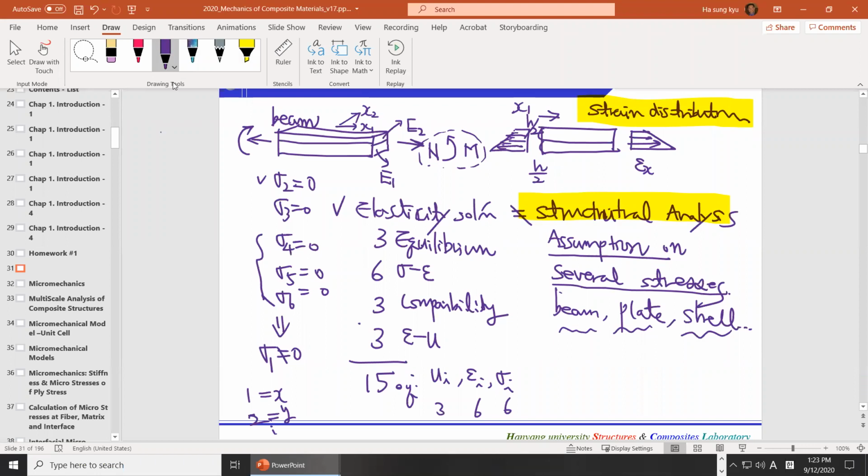So epsilon x is assumed to vary linearly through the z direction. This is the z direction or x3 direction.